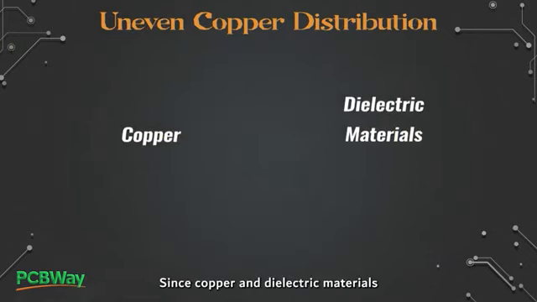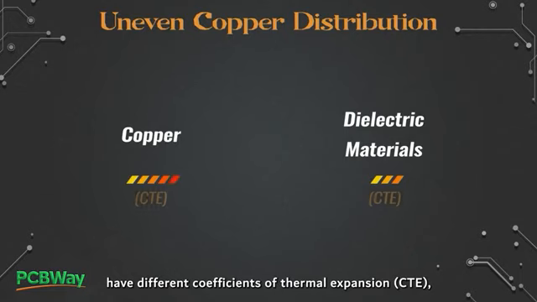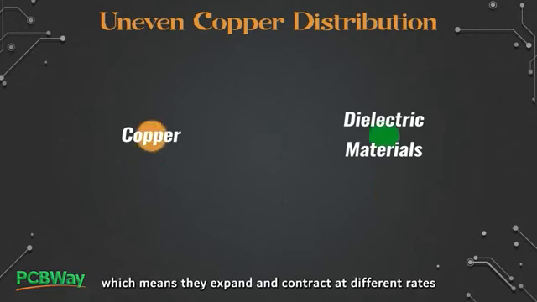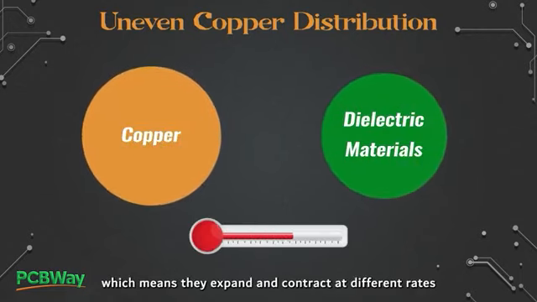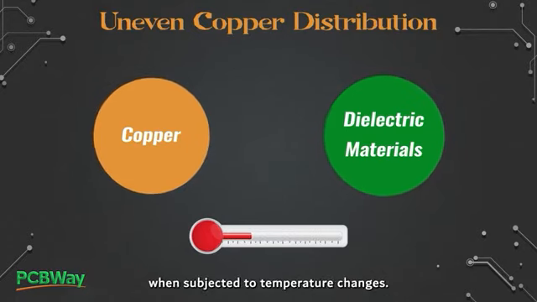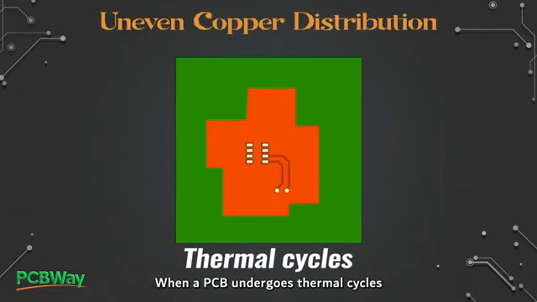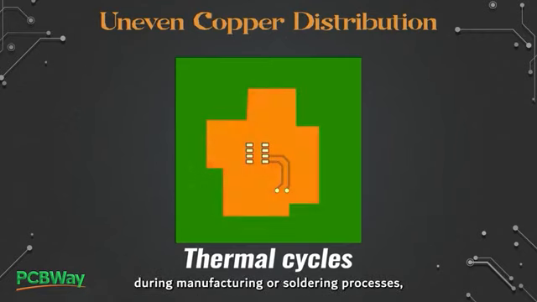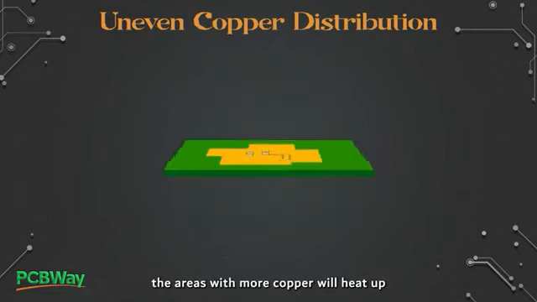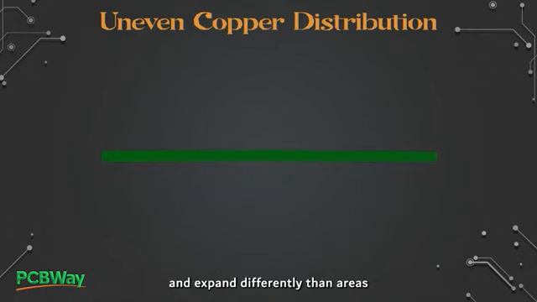Since copper and dielectric materials have different coefficients of thermal expansion, which means they expand and contract at different rates when subjected to temperature changes. When a PCB undergoes thermal cycles during manufacturing or soldering processes, the areas with more copper will heat up and expand differently than areas with less copper or no copper.